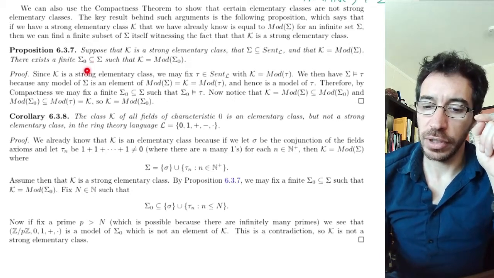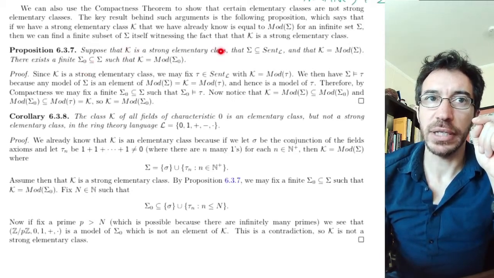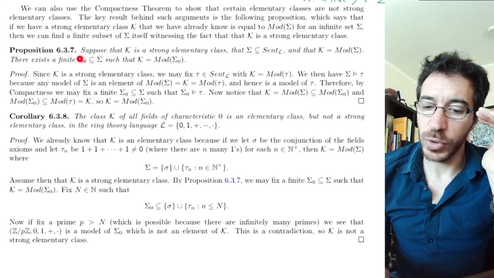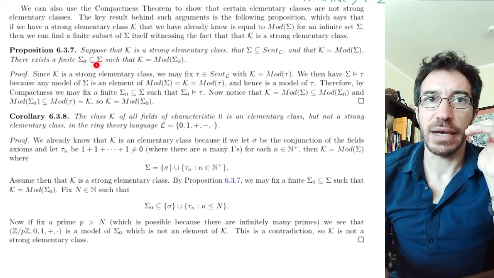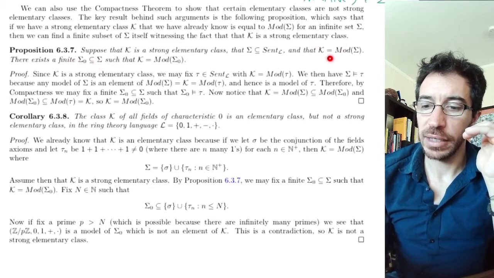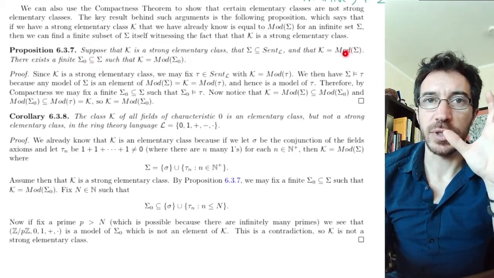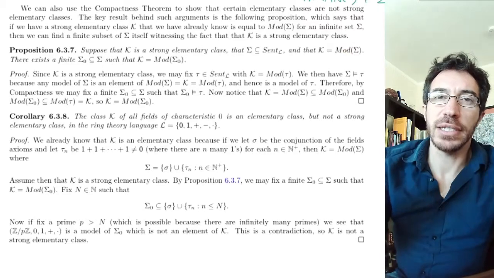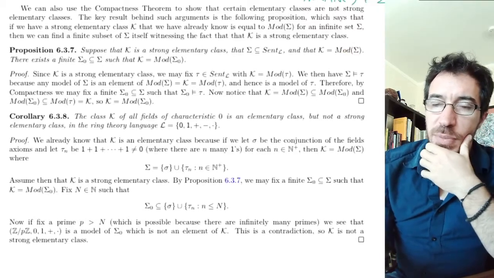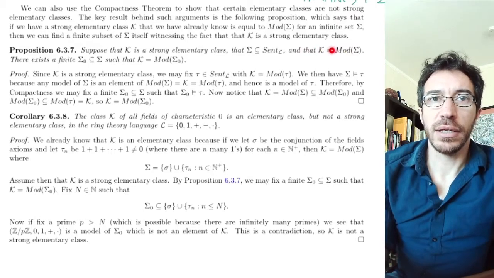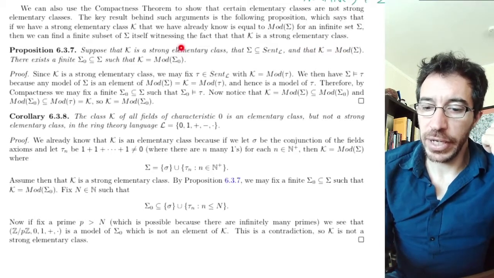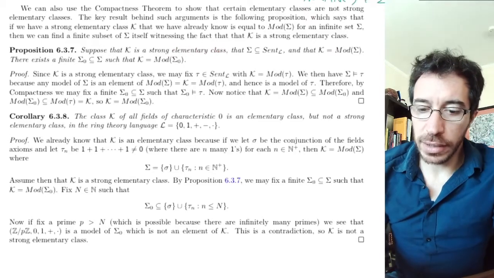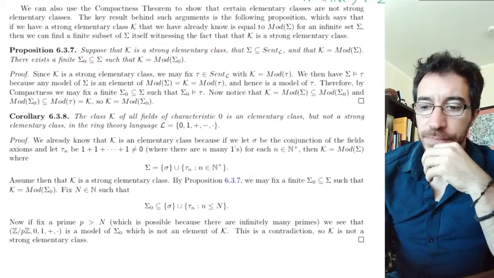So we know it's the class of models of a finite set of sentences, but we didn't know that we can always choose that finite set to be a subset of sigma if we know that K is the class of models of this big sigma. So there could be many finite sets of sentences that axiomatize K, but what it's saying is that if there is such a finite set, there must be one that is a finite subset of this sigma.